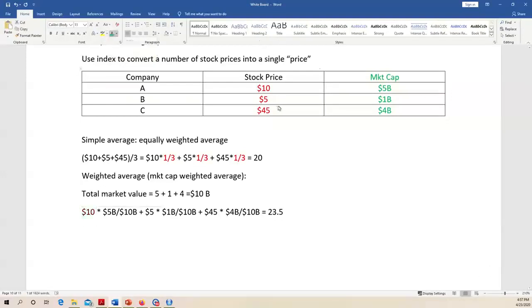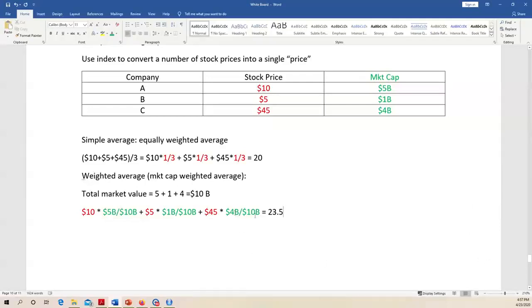Let me color those prices here. When we calculate this weighted average, we multiply each company's individual stock price by its relative weight. That means its relative size in this market. You can see larger companies receive a higher weight. So the result is different from the simple average.